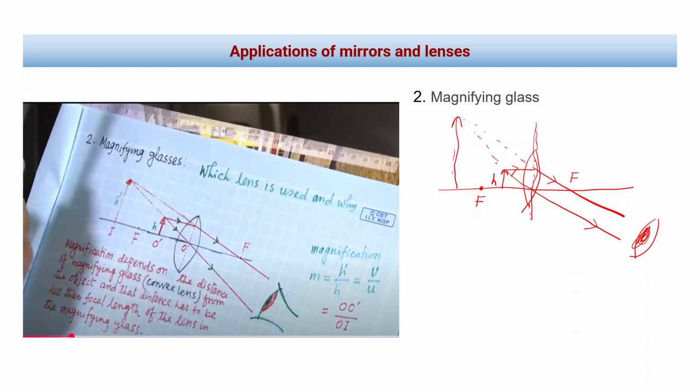So this was the object, this is the image, and you know the magnification formula is given by image height to object height, or distance of image from the lens or mirror to distance of object. So this is what happens, and we get the magnification.